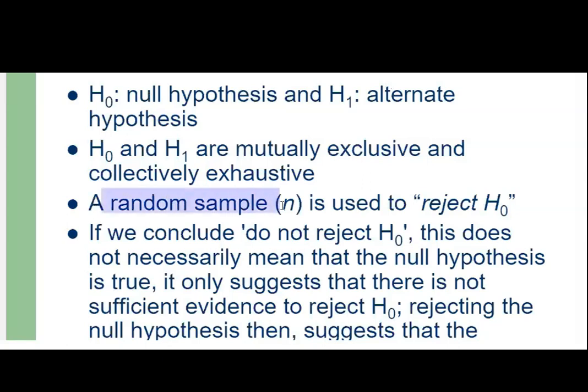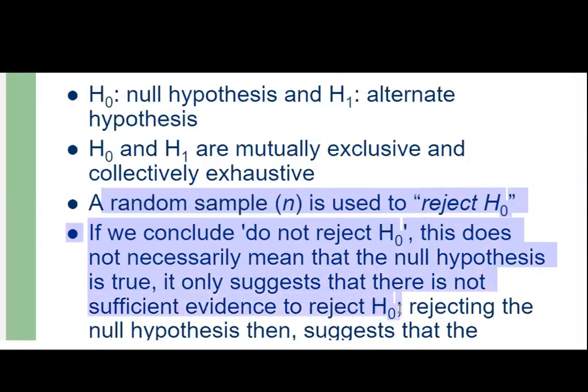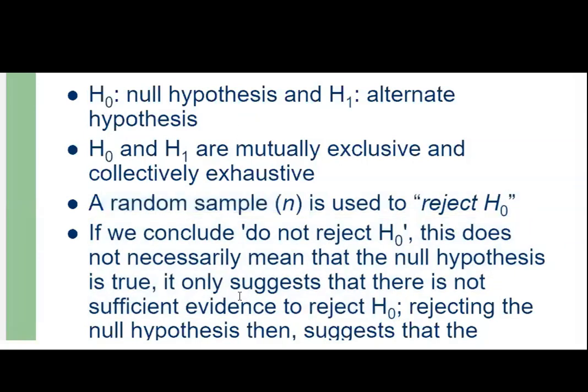A random sample of size n is used to reject H0. If we conclude do not reject H0, this does not necessarily mean that the null hypothesis is true. It only suggests that there is not sufficient evidence to reject H0. So our job, based on the results of hypothesis testing, is to reject H0 or fail to reject H0.